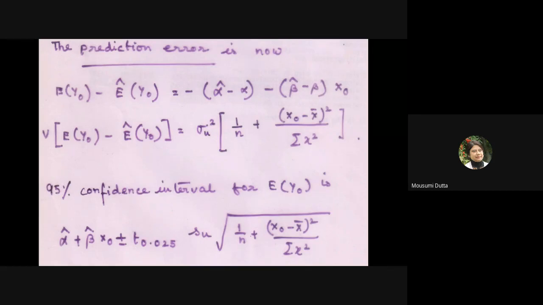Alpha hat plus beta hat x naught is minus 1, plus minus 2.3 for s. You put your value: root over 1 by 10 plus (10 minus 4) whole square divided by 40.